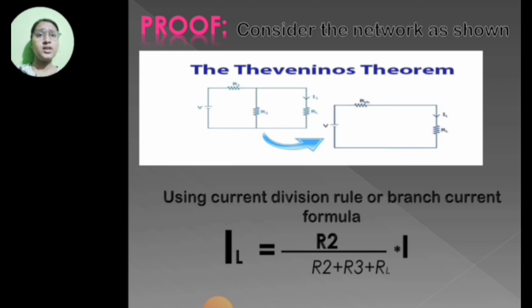The proof of Thevenin's theorem: consider the network as shown in the figure. Using the current division rule or branch current formula, load current IL equals R2 divided by R2 plus R3 plus RL, into I. RL means load resistance.